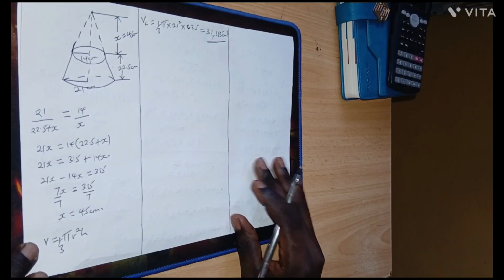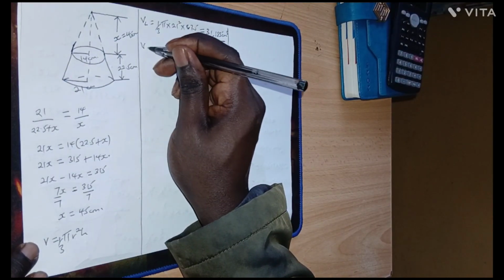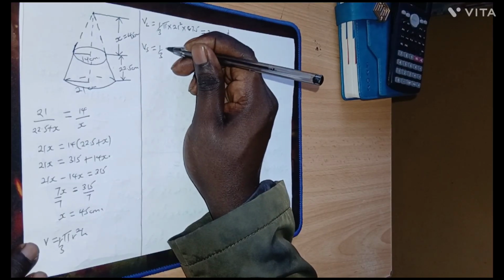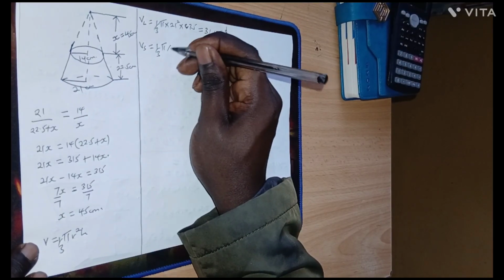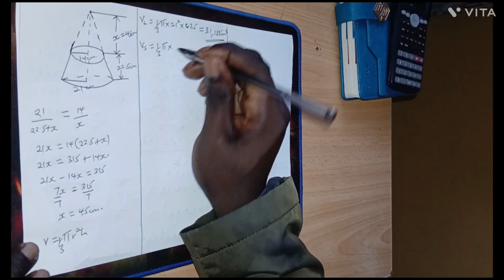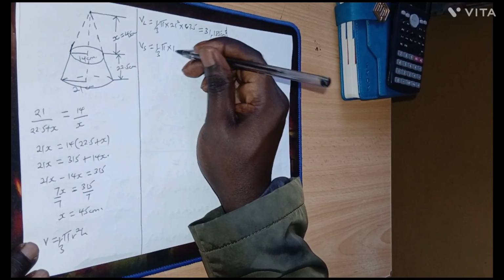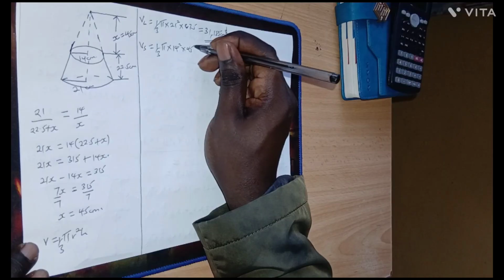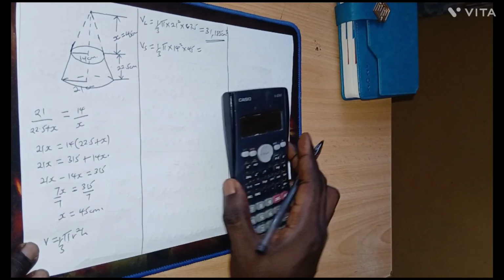Once we've established that, we want the volume of the small cone, which is going to be a third multiplied by pi, multiplied by now the small bit, 14 squared, multiplied by its height, which is 45. Now let's see what we anticipate to get.